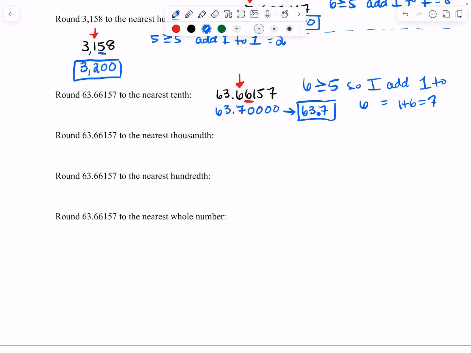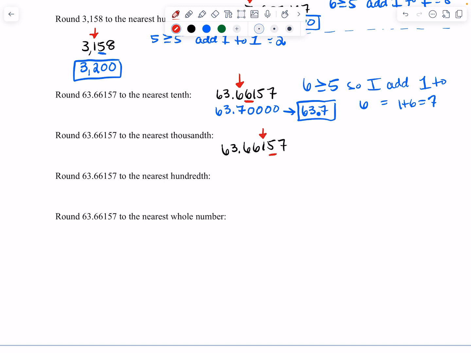So let's look at this next one, 63.66157, same number, but this time around I'm rounding to the nearest thousandths. So 63.66157, writing it out first. The thousandths position is right here. That's the 1 in the thousandths position.